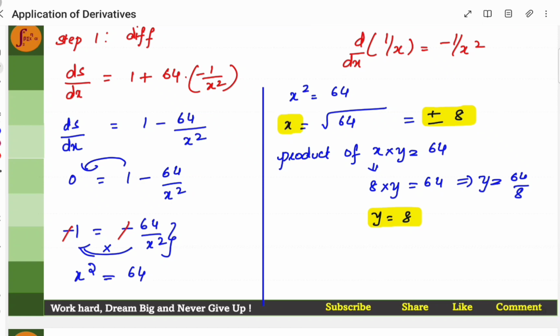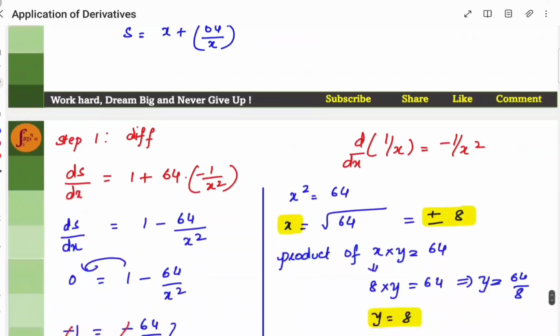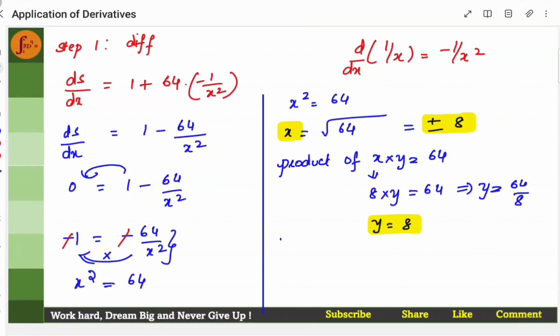Now we just have to do the last step. We'll have to verify that it is minimum. So we'll have to find the second order derivative. Now you differentiate again. I'm differentiating ds by dx, which is 1 minus 64 by x square.